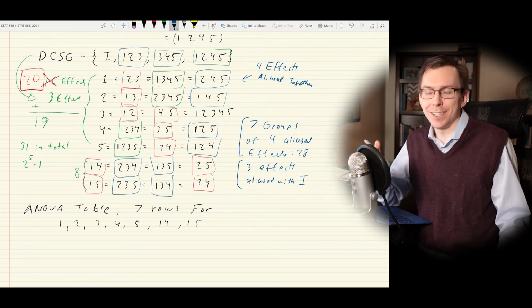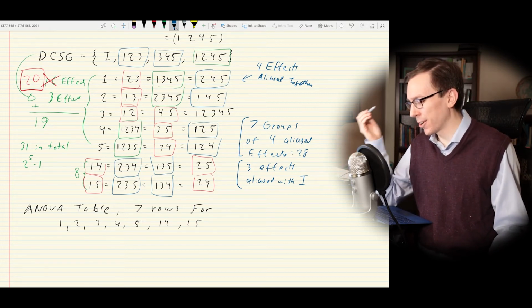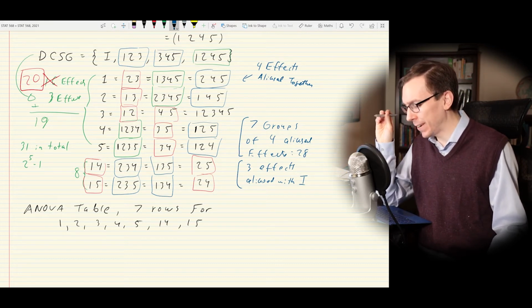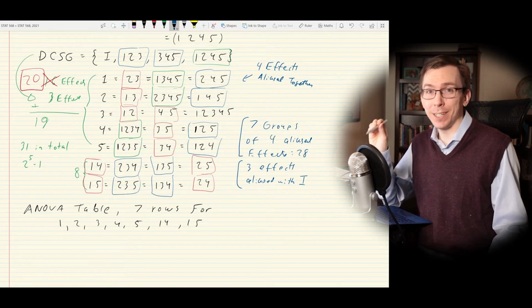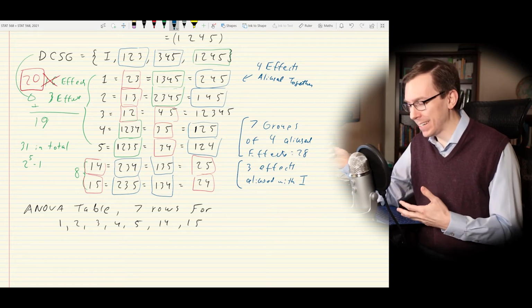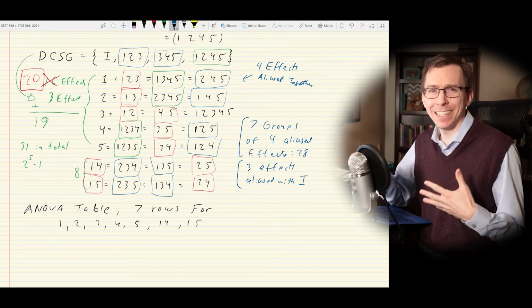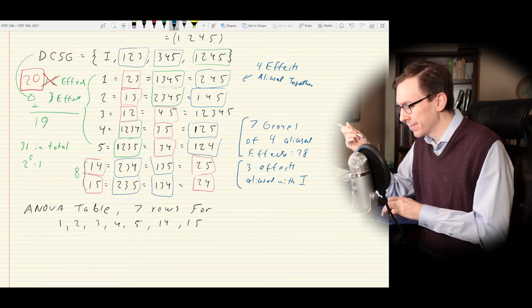They'd probably do like a 2 to the 12 minus whatever's feasible design and start dropping out different terms in the model. You just have to be very careful when you do that, because of these aliasing relations, and they can get really complicated, as you can see just by me spending the last 15, 20 minutes trying to count every single one of these 31 different terms in the model.